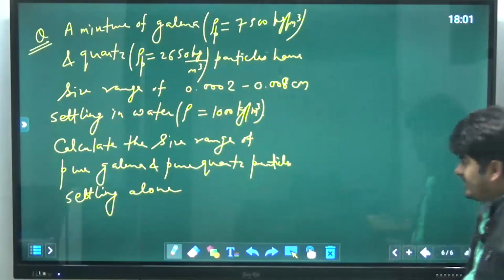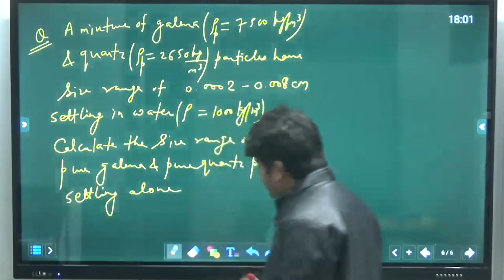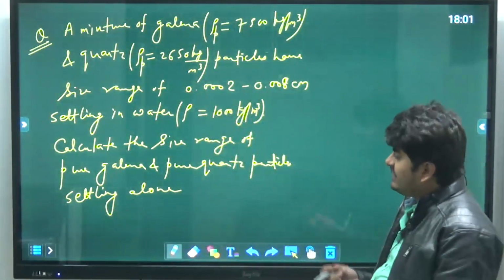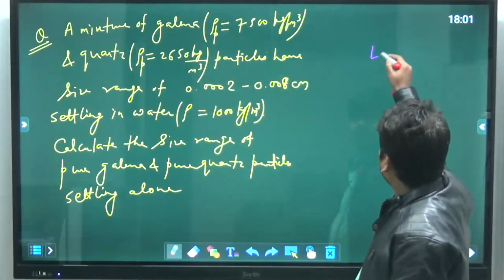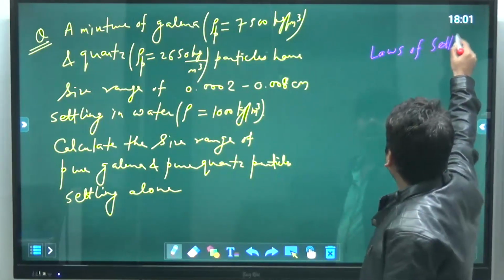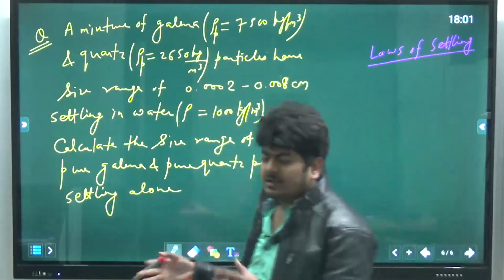Before we discuss this numerical, there is one point which you should note, and I hope that will help you to solve this numerical as well. That is the laws of settling. Basically, these are not laws as such.